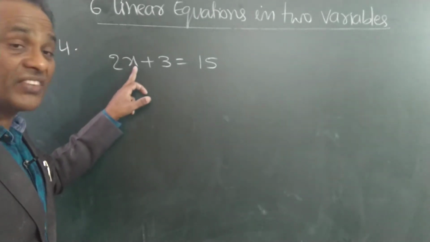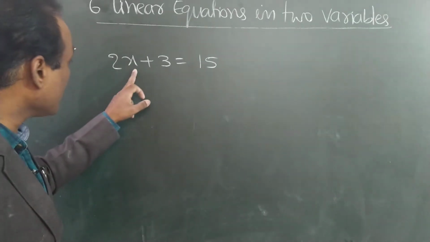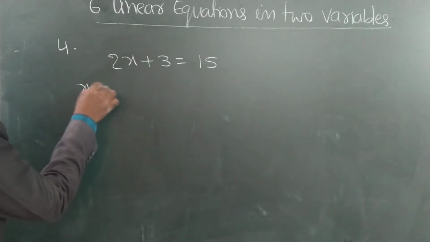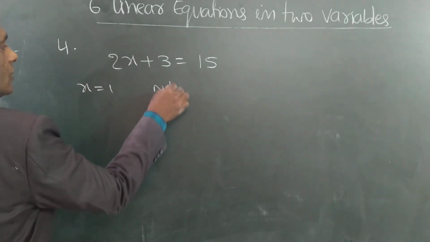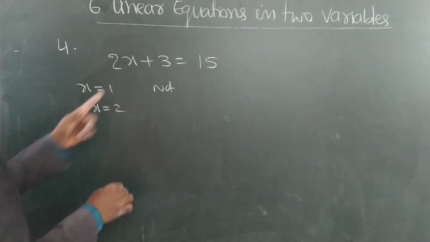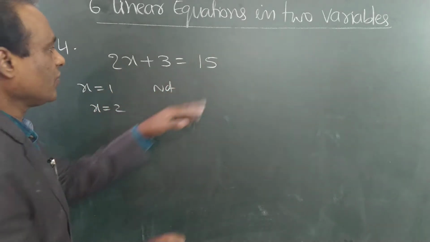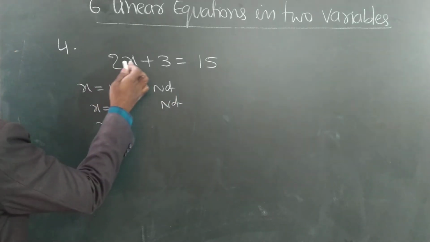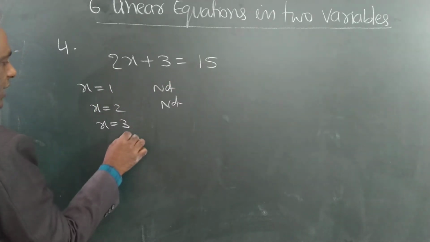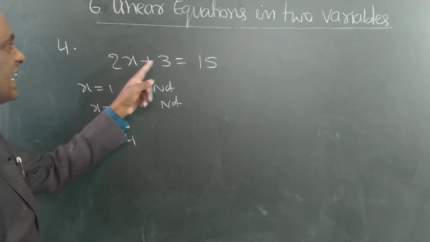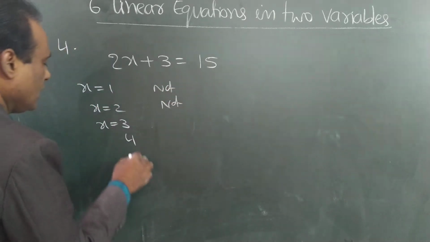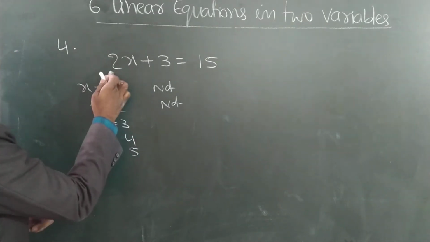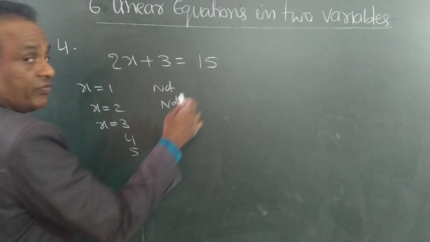Suppose if we take x is equal to 1, 2 into 1 is 2, plus 3 is 5, not 15. X is equal to 1, not satisfying. Take x is equal to 2, 2 twos are 4, plus 3 is 7, no. X is equal to 3, 2 threes are 6 plus 3 is 9, no. X is equal to 4, 2 into 4 is 8, plus 3 is 11, no. X is equal to 5, 2 into 5 is 10 plus 3, not 15.